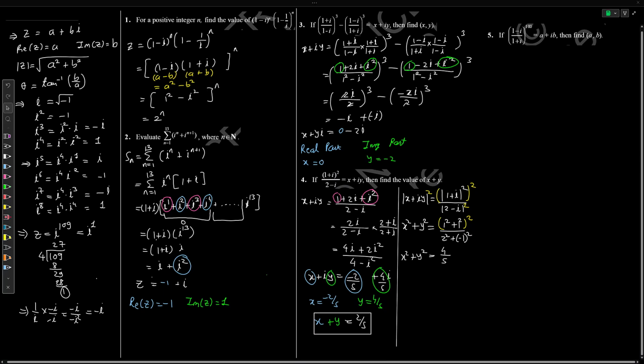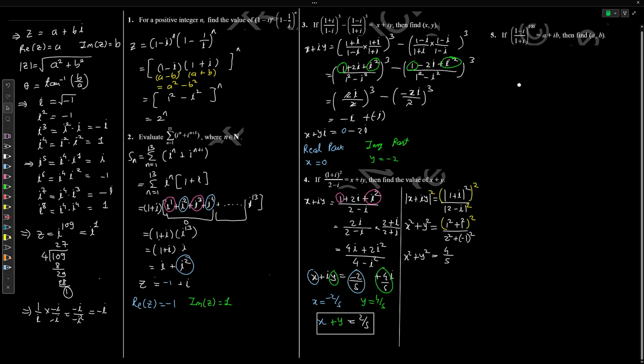Question number 5: we have to find a and b. It is given that a plus bi is equal to ((1 minus i) upon (1 plus i)) raised to 100. This looks familiar. On the left side we'll multiply and divide by its conjugate, so it will become (minus i) raised to 100.